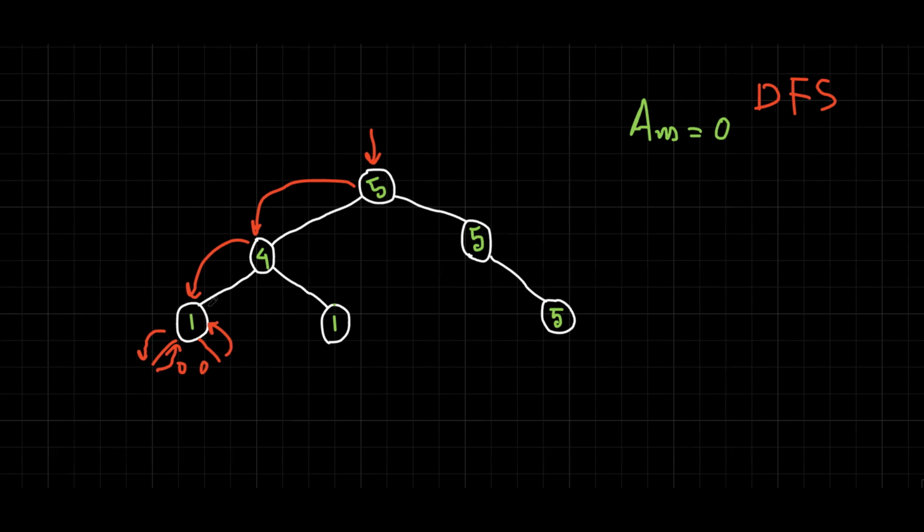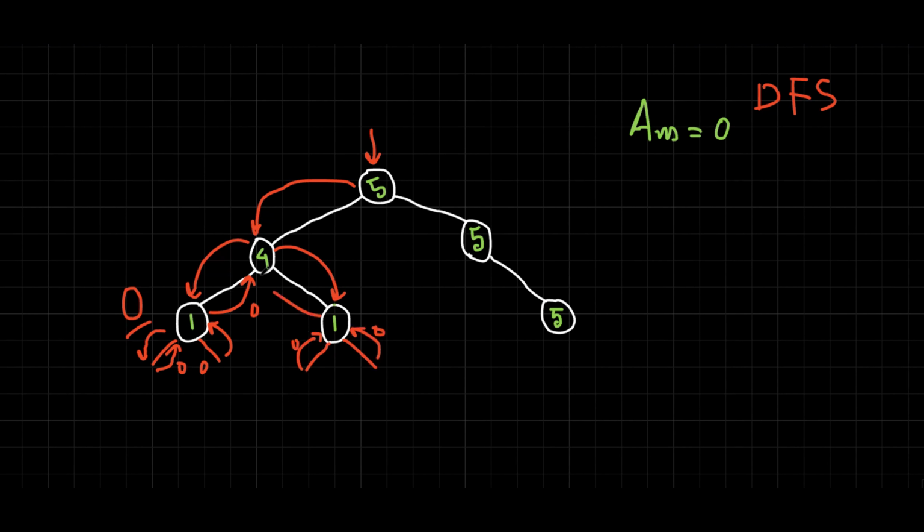Now, the value 1 will return the value 0 because its parent value 4 is not equal to its value 1. And here, the answer will be 0. Now we are at this node 4. From 4, we will get back to 1, and the left and right children of 1 will return the value 0.